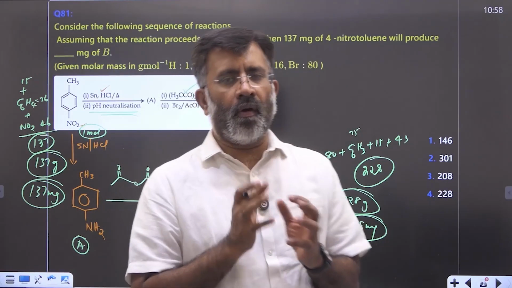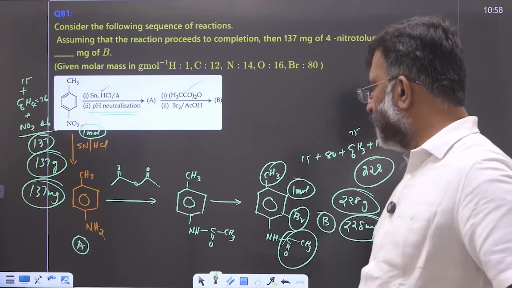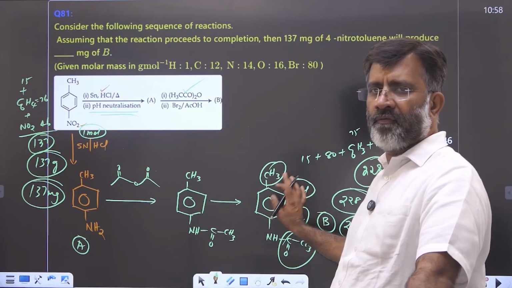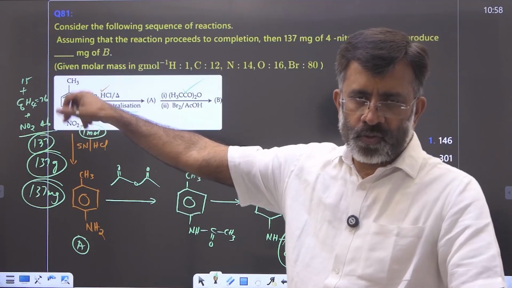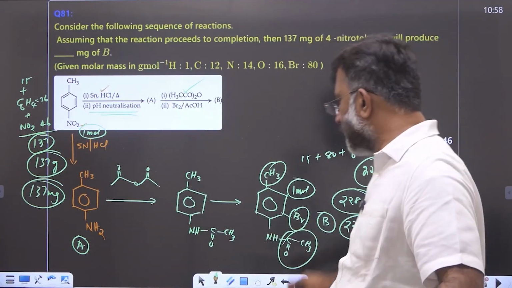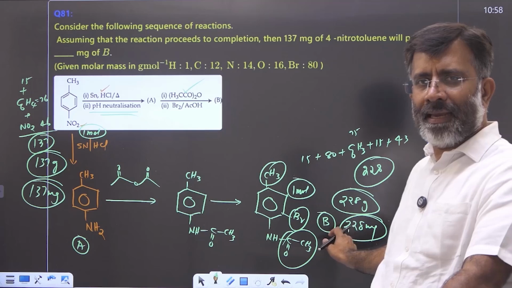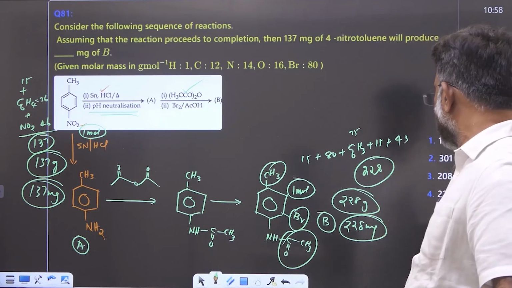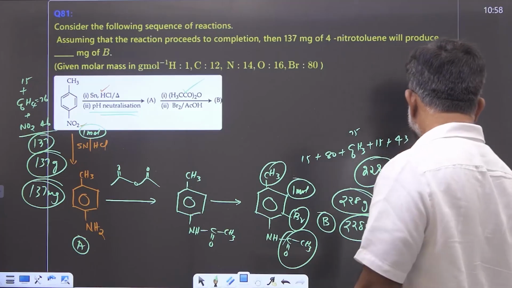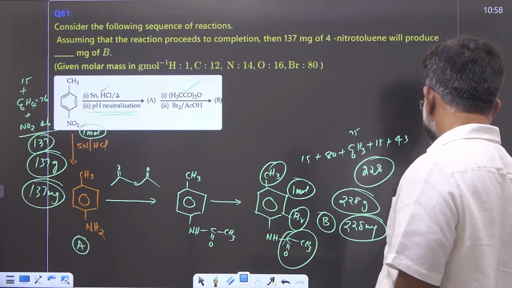So 1 mole of nitrotoluene ends up with 1 mole of our final product. The molar mass is 137, so 137 gram gives 228 gram, and 137 milligram gives 228 milligram. Option 4 is the correct answer.